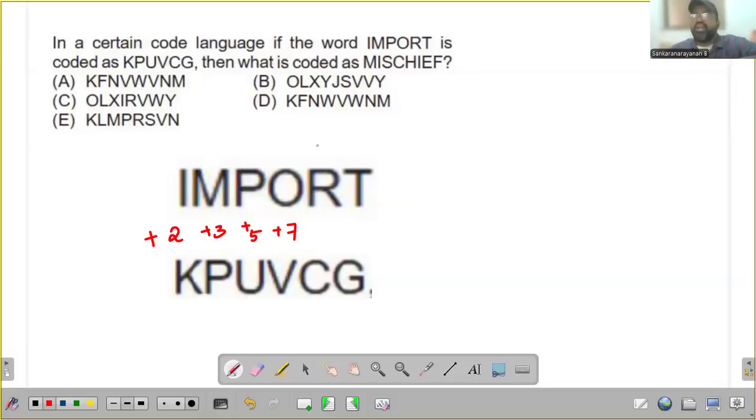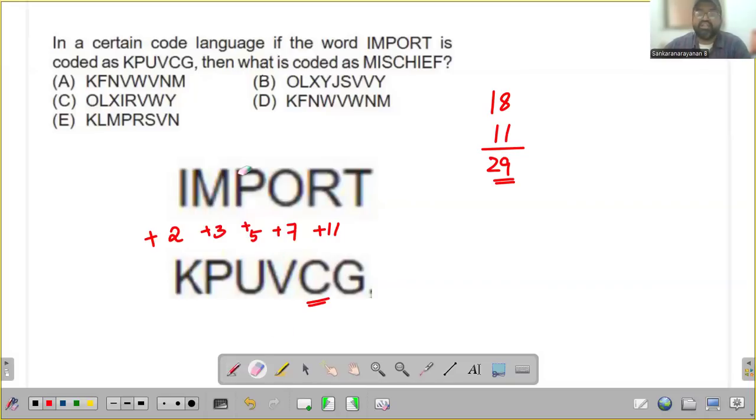Next has to be plus 11 and then plus 13, and like that it goes. After Z, it will again be A, B, C, D, like that. After 7, the prime number is 11. R is 18, and adding 11 gives 29. 29 is 26 plus 3, so you go ahead with the third letter: C comes there.